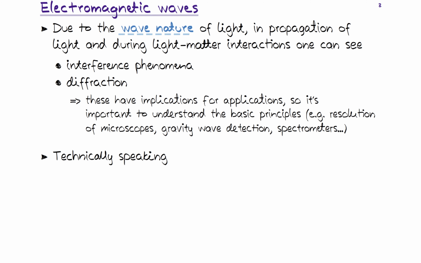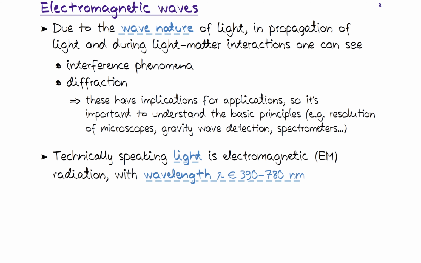So of course, technically speaking, when we say light, it strictly means electromagnetic radiation that has a relatively narrow wavelength coverage. So when the wavelength of electromagnetic radiation is on the order of 390 nanometers and ranging all the way up to 780 nanometers, then we are speaking of light and not, for example, near infrared radiation or Röntgen rays and so forth.